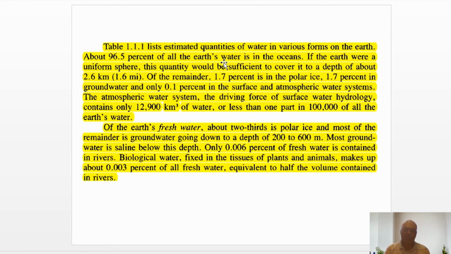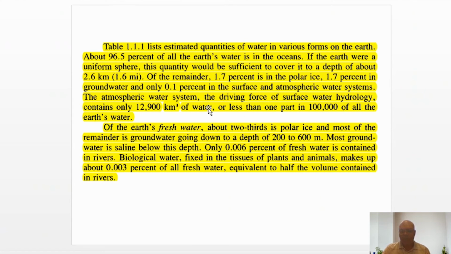So from this we can conclude that the available water on this planet is mostly in the oceans.